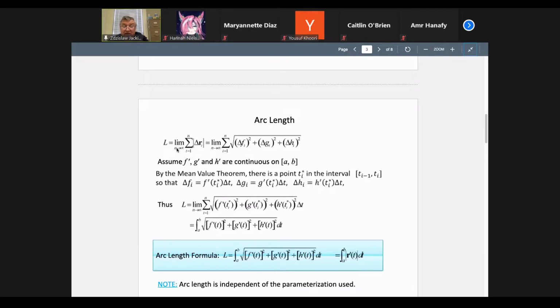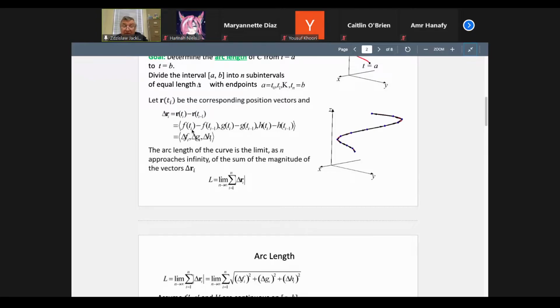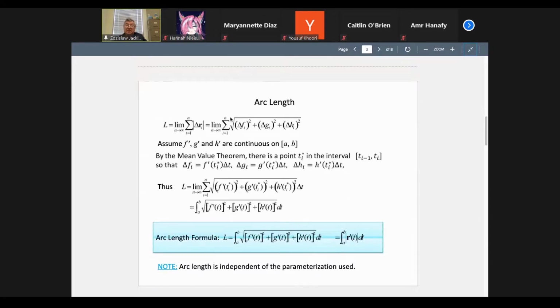So L is the limit as the number of points goes to infinity of the sum from 1 to n of the magnitude of delta ri, which has components here as well. We call those differences f of ti minus f of ti minus 1, delta fi, and so on. So with this notation, the arc length takes this form.